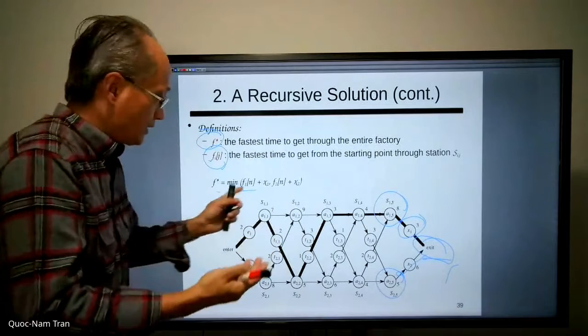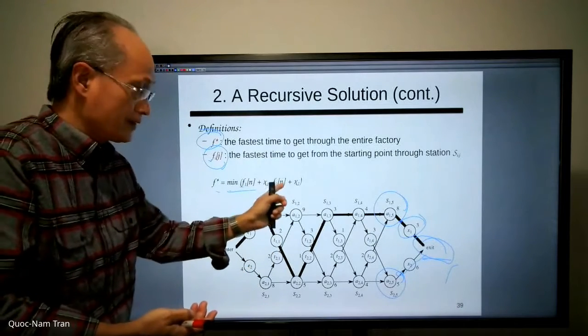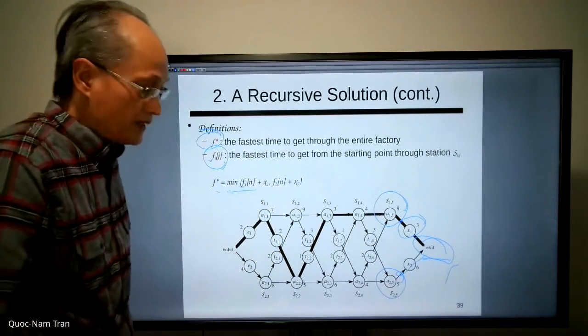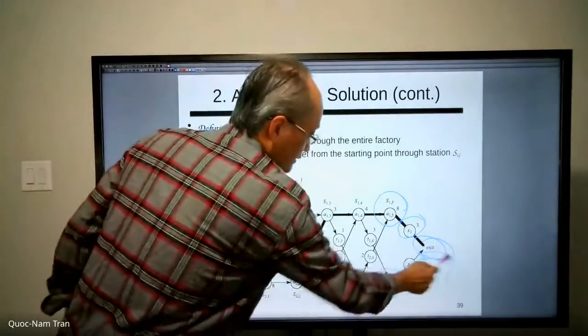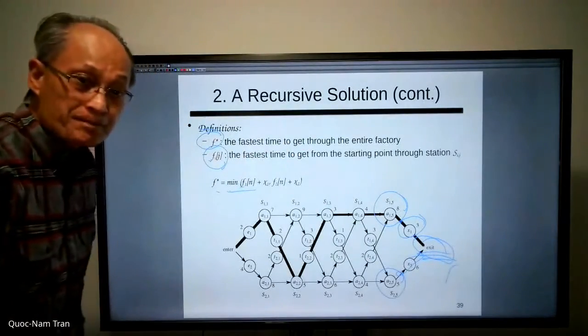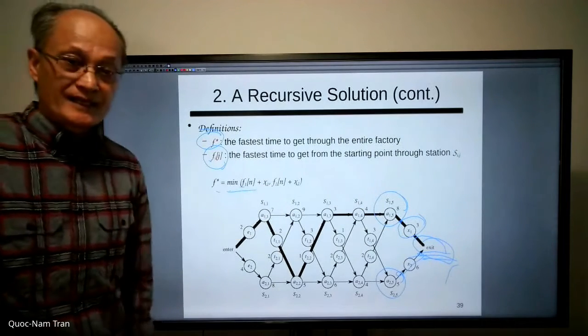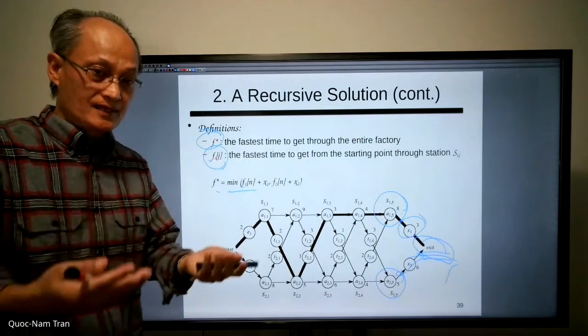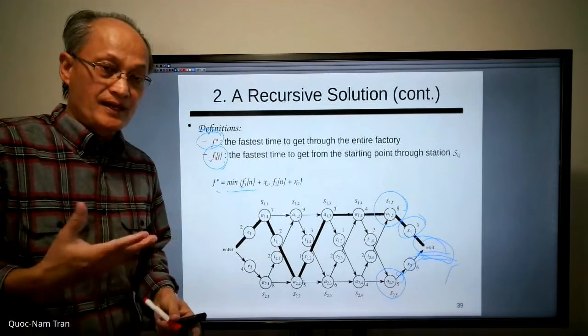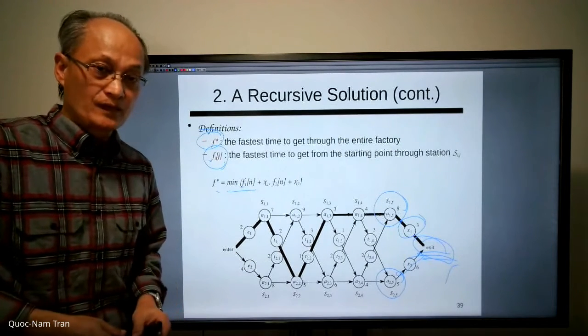The smaller of these two values will give us the smallest time for reaching the exit point. So this formula can give us a divide-and-conquer recursive algorithm, right?